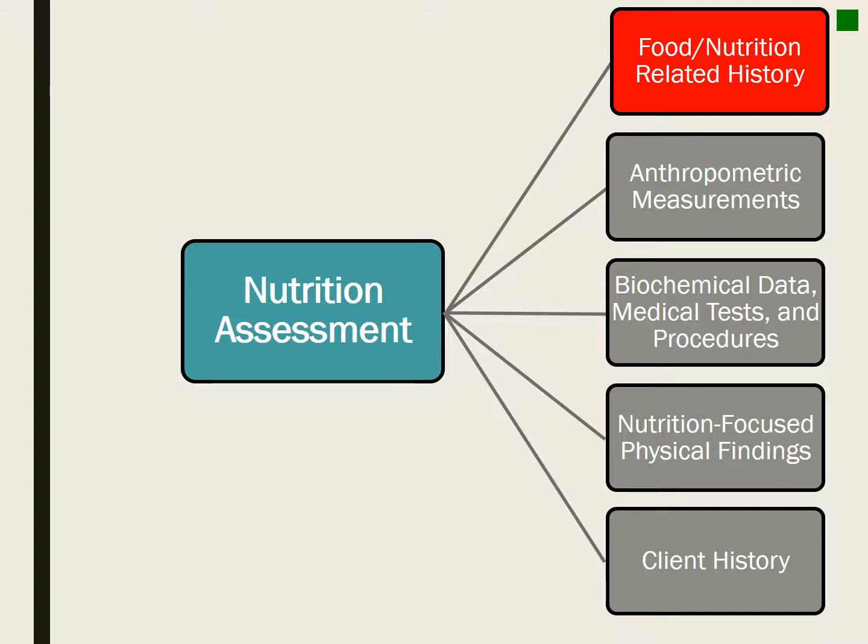We could utilize a food frequency questionnaire, which if you turn to page 61 in your text, an example of that is found in box 4-3. We could also determine their food and nutrient intake with the use of apps. So if they have a certain app on their phone or computer, we could determine their daily intake.